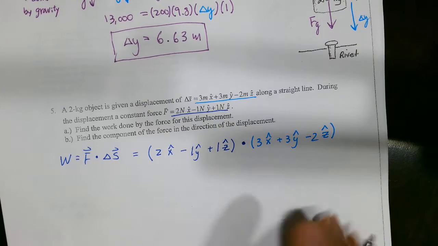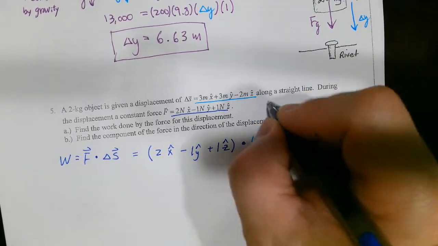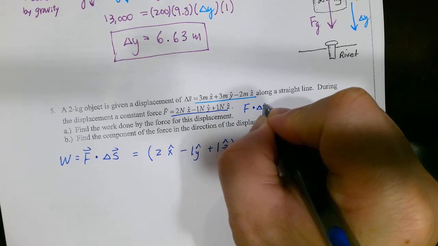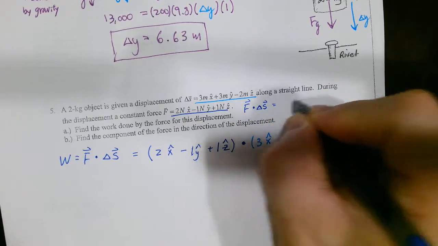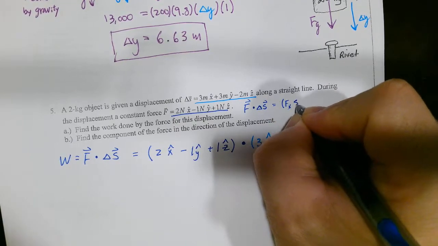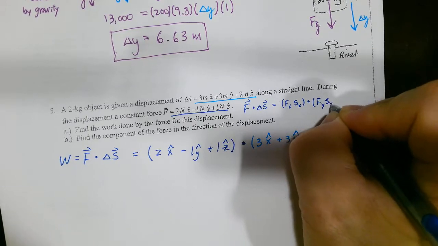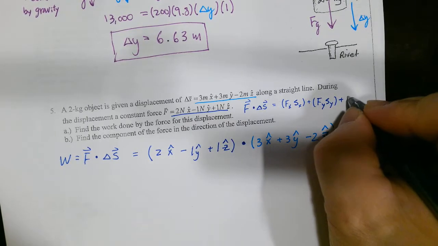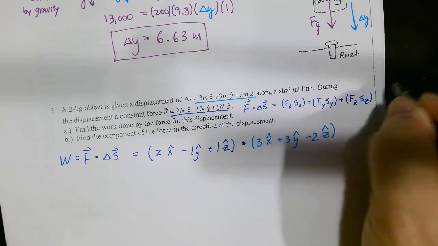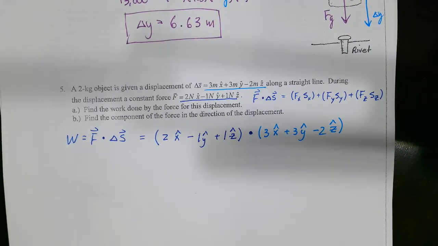All right, I hope you remember the dot product. So F dot delta S gives you Fx Sx plus Fy Sy plus Fz Sz, the dot product for Cartesian form, right?